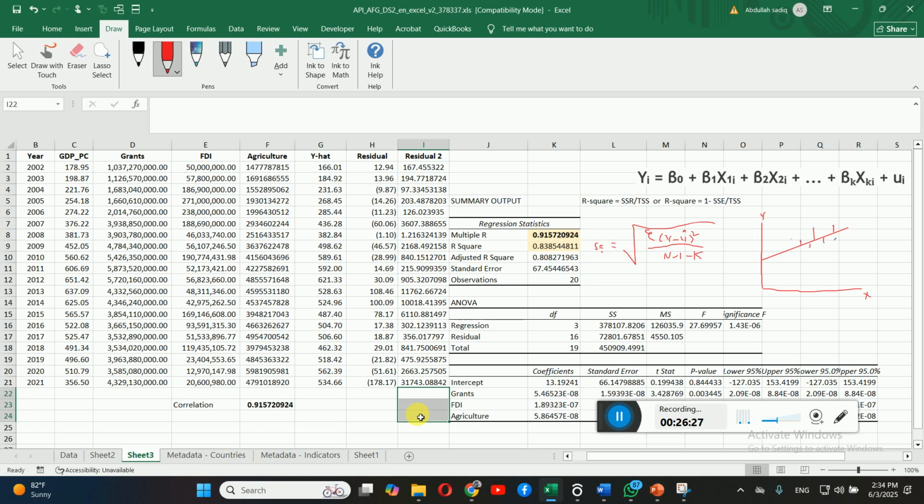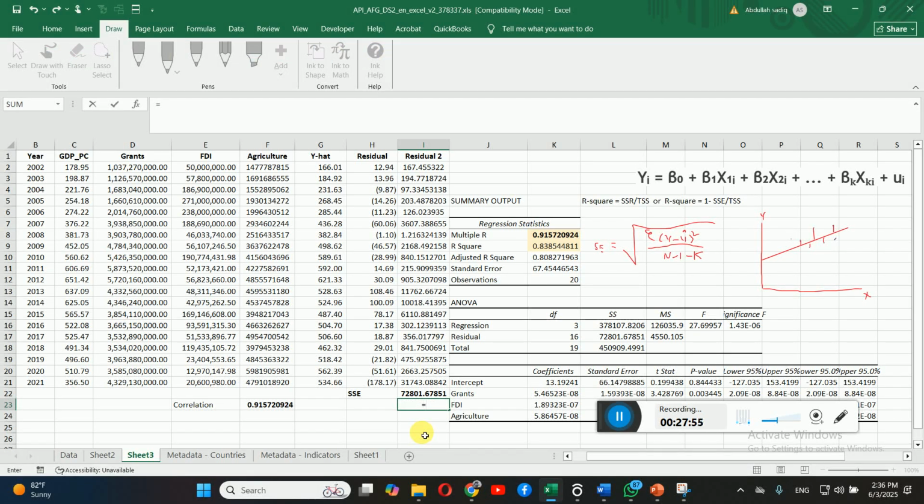This is the sum of square error, dear students, in the numerator, right? And when you add it up, this is the total. Now this sum of square error which is in the numerator should be divided by n minus 1 minus k.